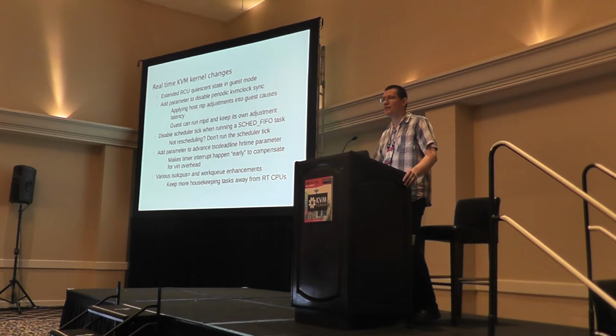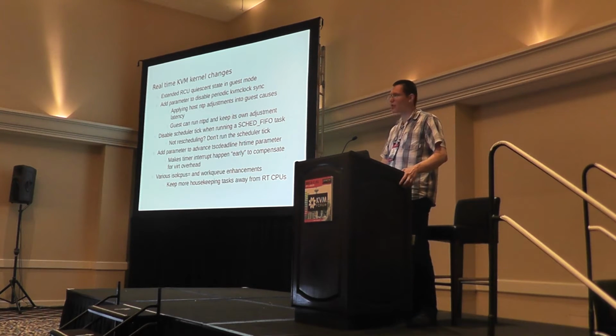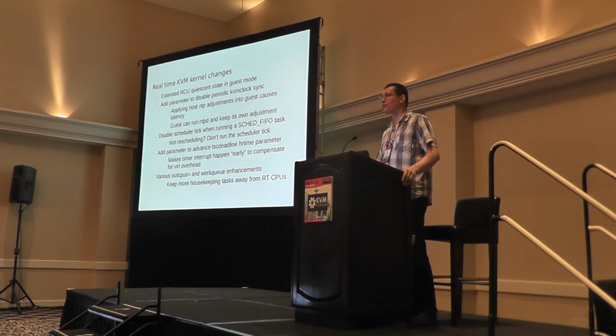If you're running a real-time task and there is another task runnable on the CPU, the no-hertz full code did not disable the timer tick. It would only disable the timer tick if there was just one program running. But if we never want to run that other program because it's really low priority, then we should disable the scheduler tick anyway, because having that on both the host and the guest introduces too much latency.